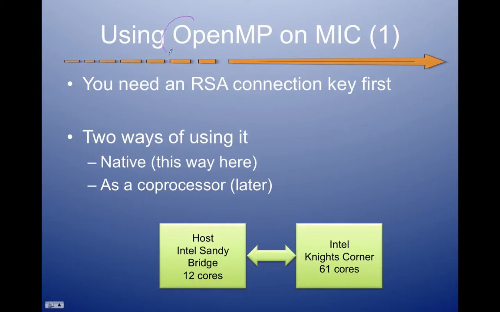So we are going to use OpenMP on the MIC. You should have received the connection key, and there are two ways we can use it. The native way, which means we do everything, we run the code directly here, or as a coprocessor, which would mean we have a code here and this code does RPC, as we have talked about before when we were talking about accelerators, on the Intel KnightCorner.